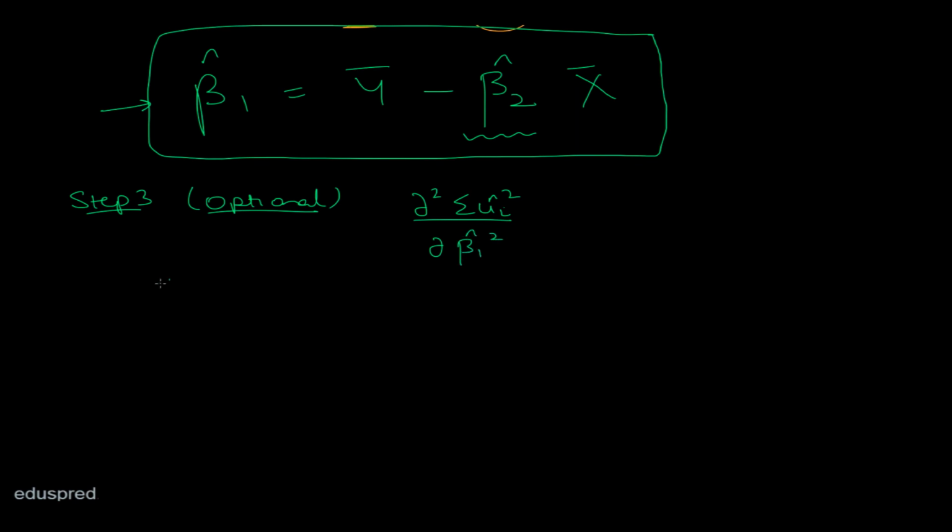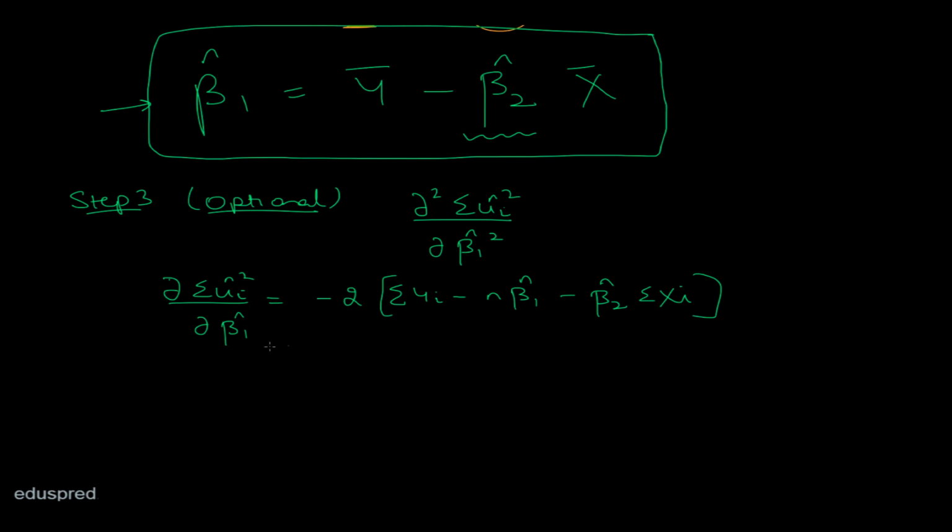Okay, so when we partially differentiated summation of ui hat square with respect to beta 1 hat, we got that this is equal to minus 2 summation yi minus n beta 1 hat minus beta 2 hat summation xi. This is something that we got in step number 1.